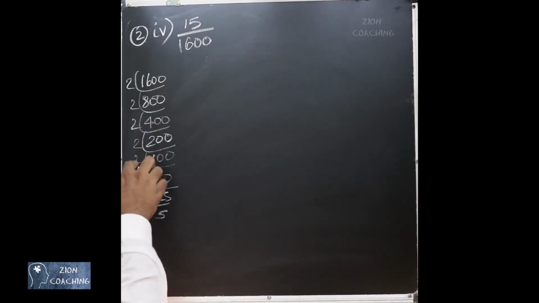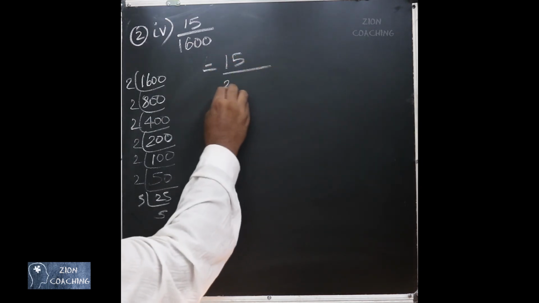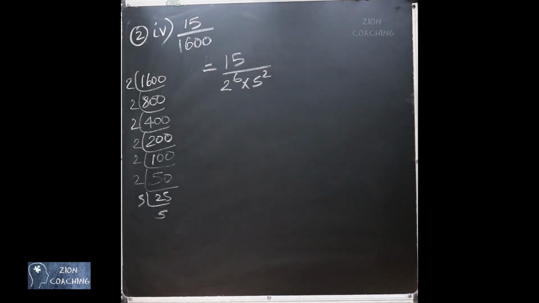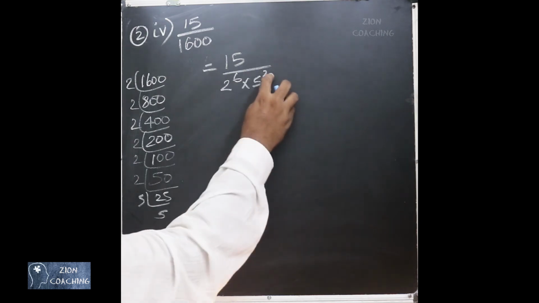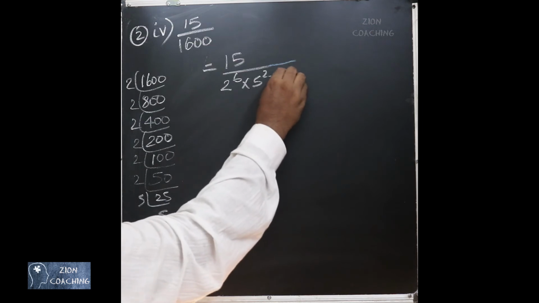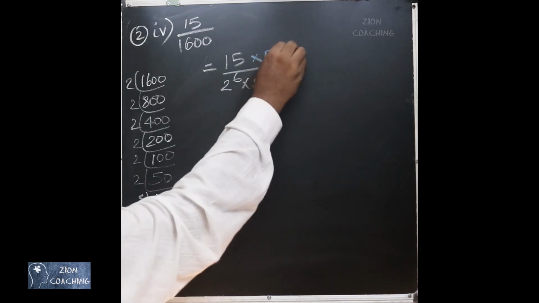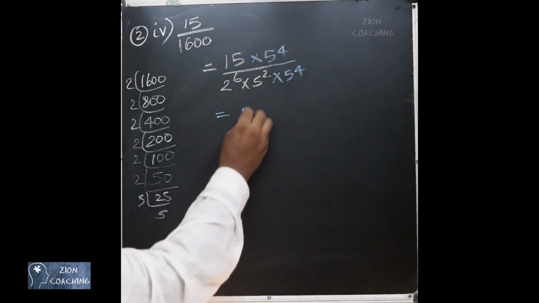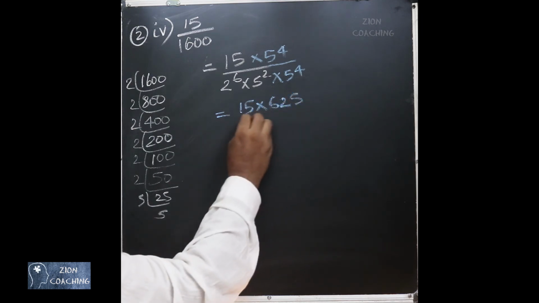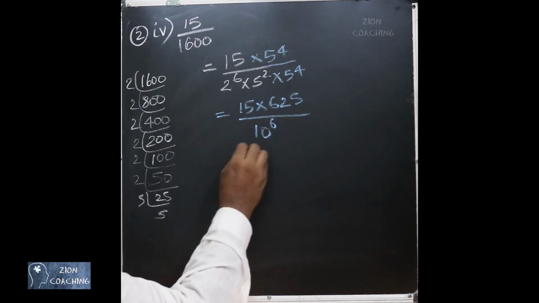So it was actually 15 by 2 power 6 into 5 squared. Now to have powers of 10 in the denominator, you should have the same powers, but you have only 5 squared, so you multiply by 5 power 4. So you multiply the numerator also by 5 power 4. Then you have 15 into 5 power 4, which is 625, divided by 2 power 6 into 5 power 6, which becomes 10 power 6.